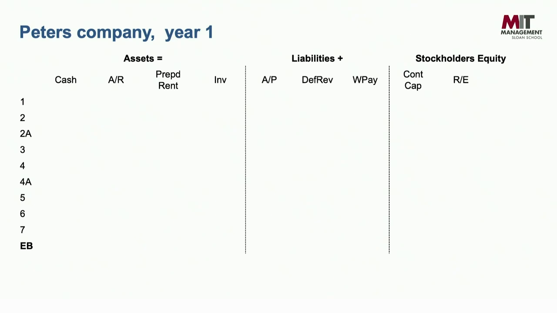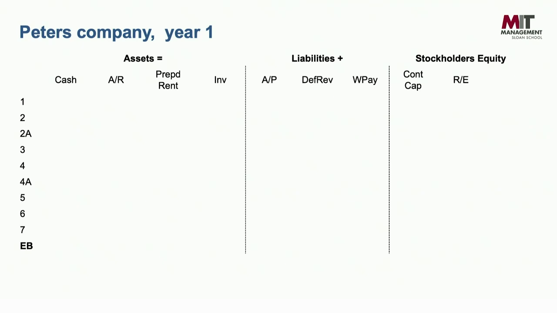We've got some liabilities. We've got AP, which is accounts payable. We've got DEF Rev, which is deferred revenue. We've got W Pay, which is wages payable. And then we've got our 2 stockholders' equity components, which are contributed capital and retained earnings, okay?